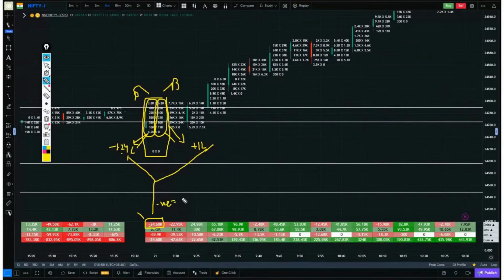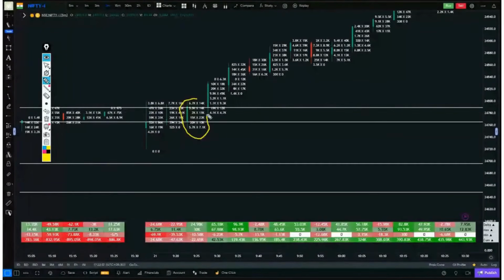What is the value of sellers? 24,000. So basically, in this entire candle, there are more sellers compared to buyers. How many more? 24,000. Now let's pick this candle. What has happened here? Positive delta.